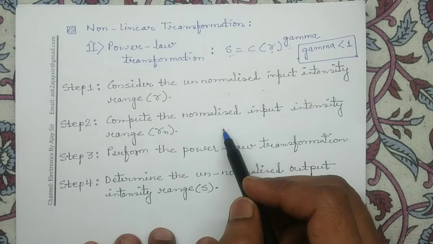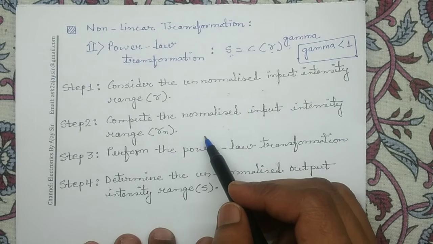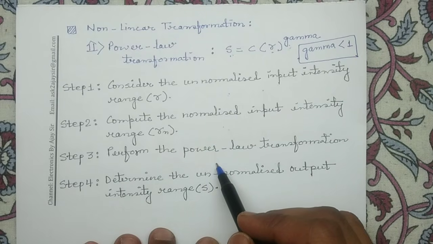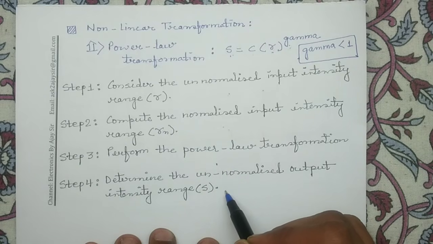Next, on this normalized input intensity range Rn, we will perform the power law transformation and obtain the normalized output intensity range Sn. And finally, we will convert the normalized output intensity range Sn into the unnormalized output intensity range S.